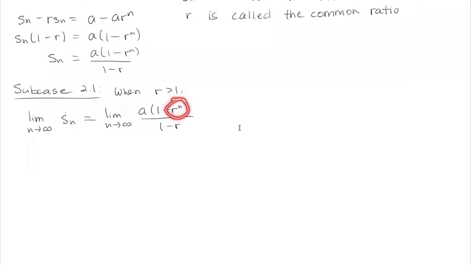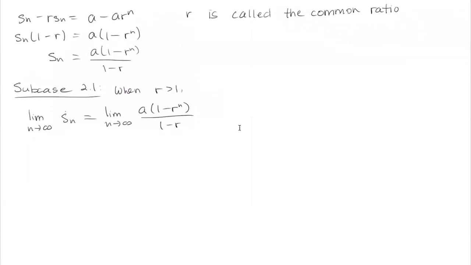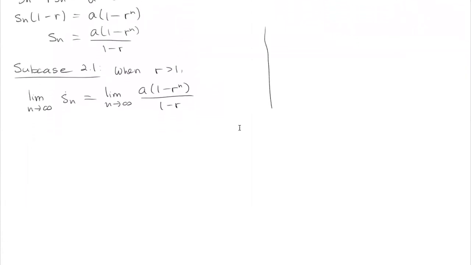Now, this term over here looks like an exponential function. For example, over here, if we draw the graph of this, r to the n, because r is greater than 1, it will look something like this as we shoot it to infinity. So as we see, if we set n to approach infinity, so these points here are just the discrete values 1, 2, 3, 4, and so on, we see that the value will actually just go to infinity.